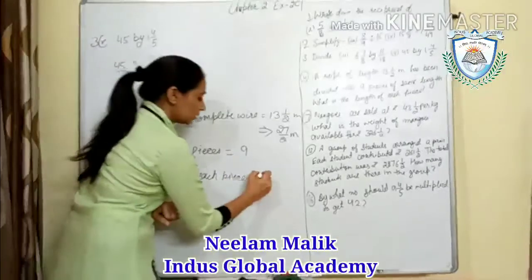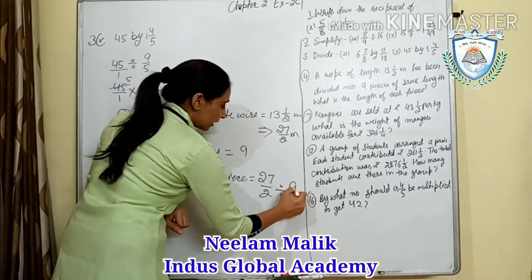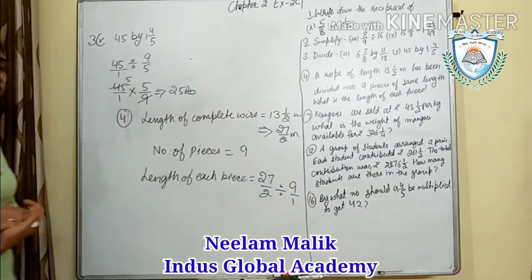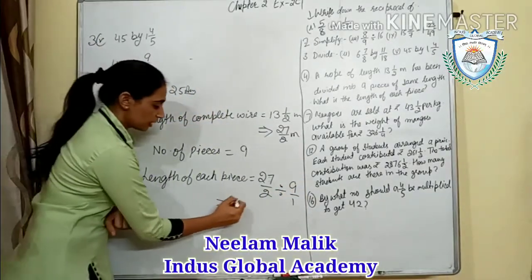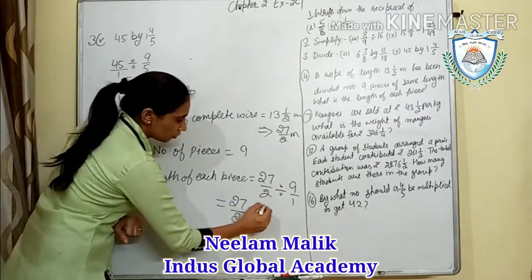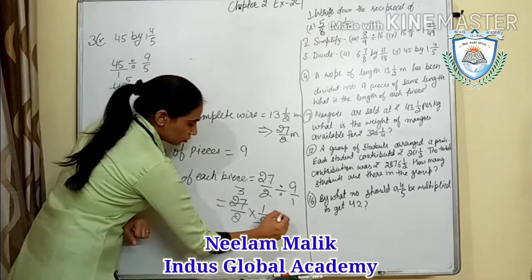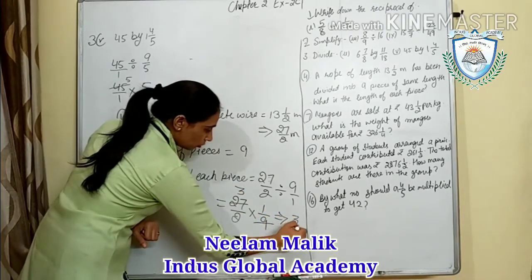What is the total length? 27 upon 2 divided by 9. So we can write it like this, 9 upon 1. What will be next? 27 upon 2 multiplied by the reciprocal, 1 upon 9. 9 3s are 27. So what will we get here? 3 upon 2.